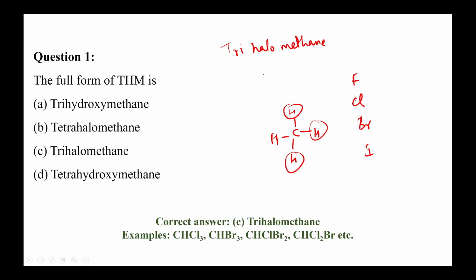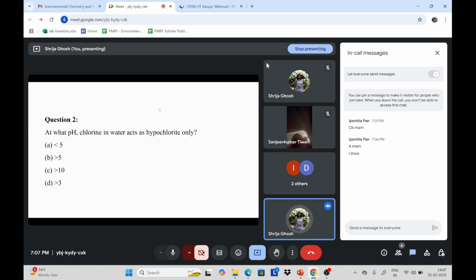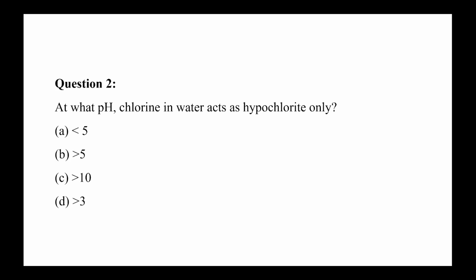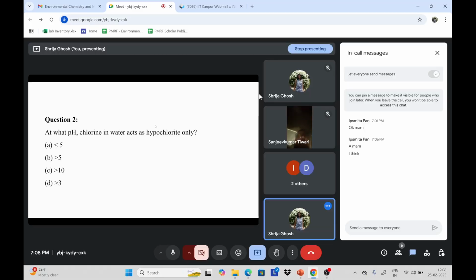Moving on to the next question. At what pH does chlorine in water act as hypochlorite only? Option A, less than 5. Option B, greater than 5. Option C, greater than 10. And option D, greater than 3. At what pH will chlorine act as hypochlorite in water? Anybody knows the answer?